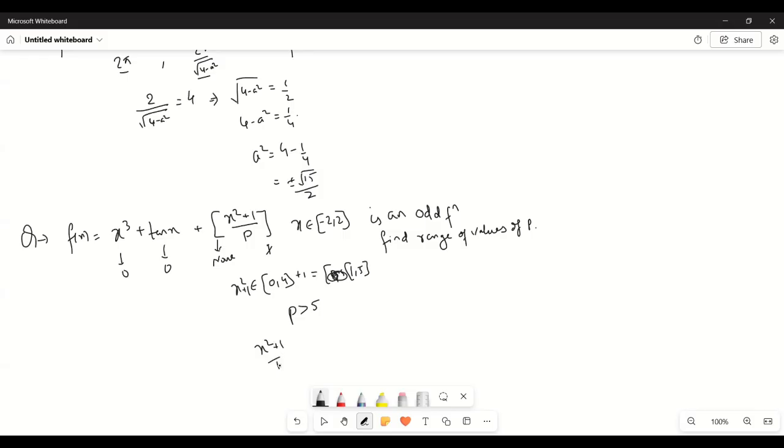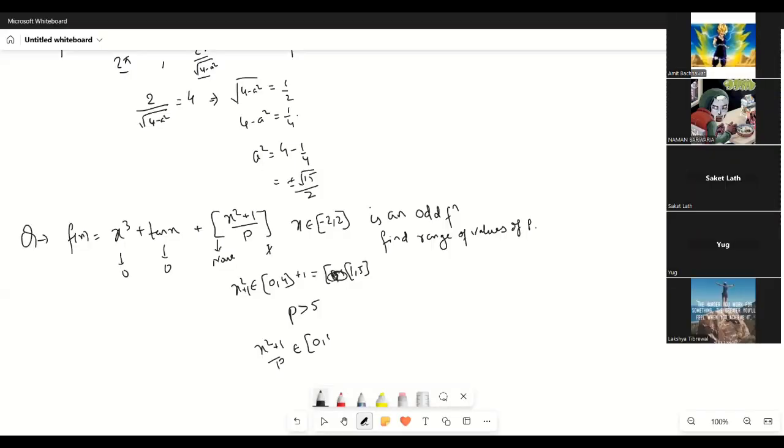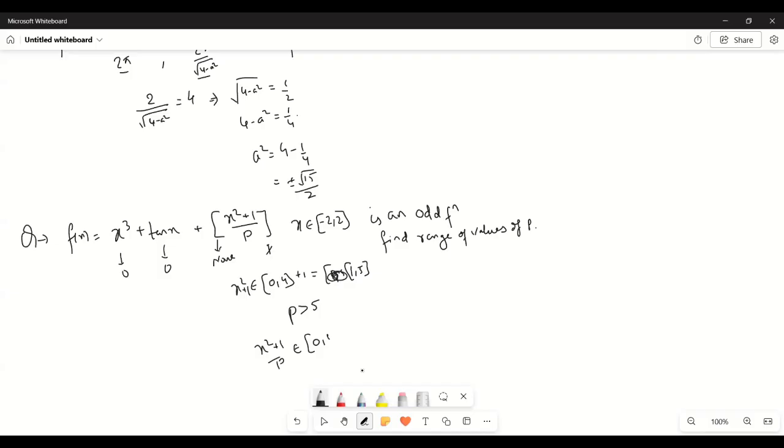X square plus 1 by p in that case will be a value lying between 0 to 1, and box of 0 to 1 will become 0, which will effectively eliminate this.